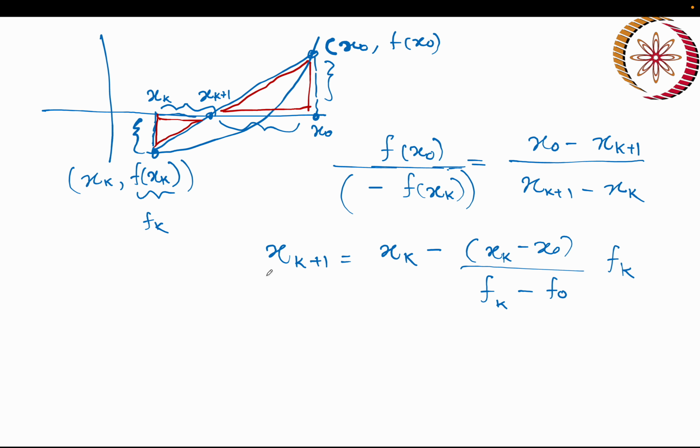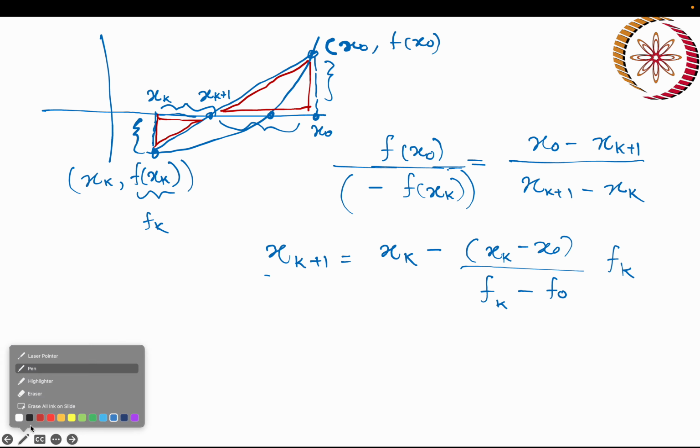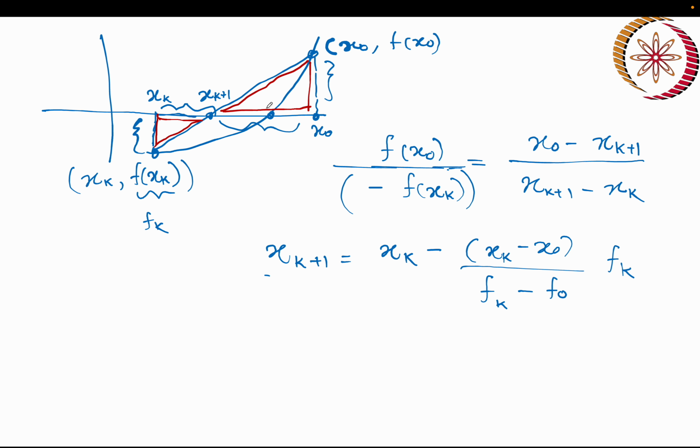Okay, so what we want is, let's say this is the root, and we'll say this is nothing but xi. So if xi is the root, f of xi is equal to 0. So we know this.